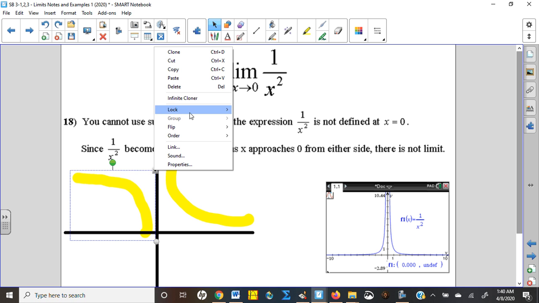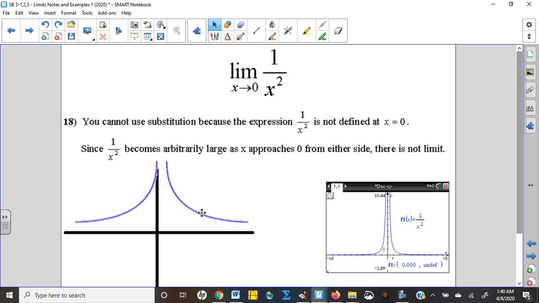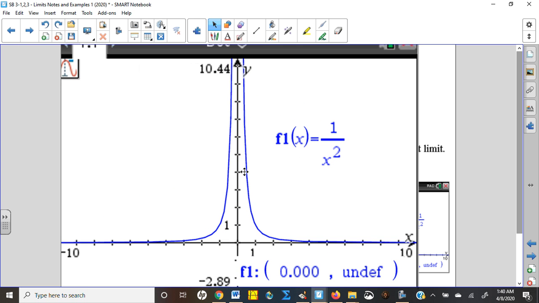Because when you square negatives, you get positives. So you're going to get two branches that are both going up, and it's going to look more like this. And the graph on your calculator will give you the same thing.